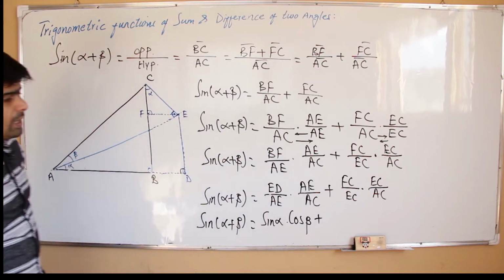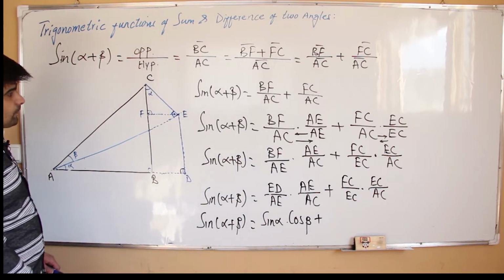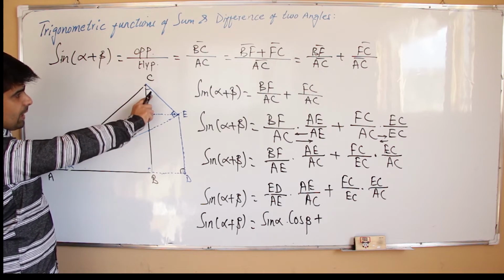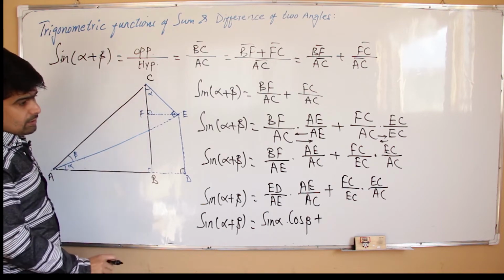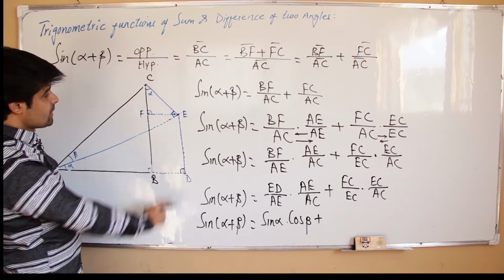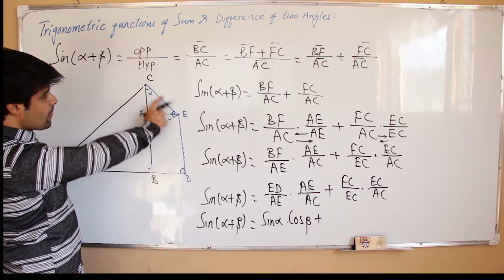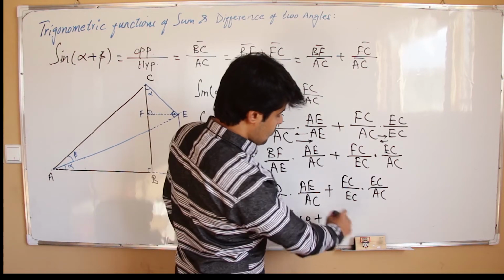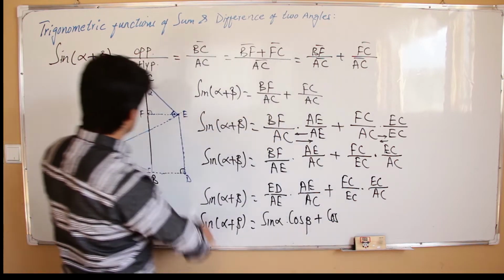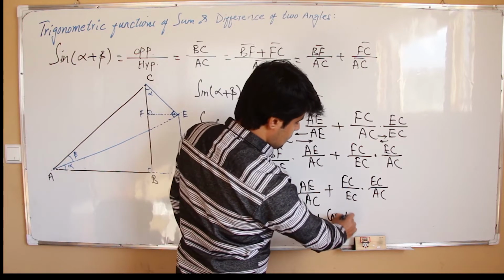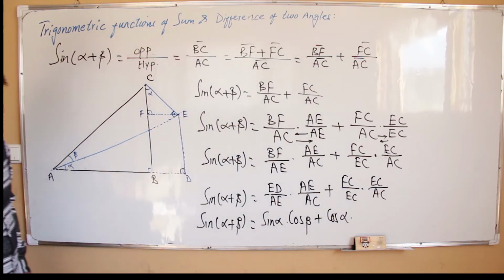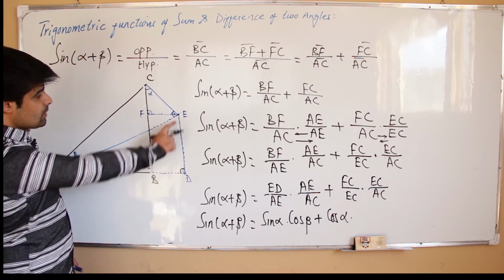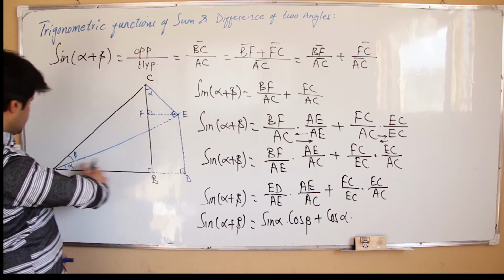Plus FC. Where is FC? FC is here. For alpha, FC is adjacent by EC. EC is hypotenuse. Adjacent by hypotenuse, I think this is cosine. Cosine for which angle? Alpha. Multiplied by EC. Where is EC? EC, this one. AC, this one.